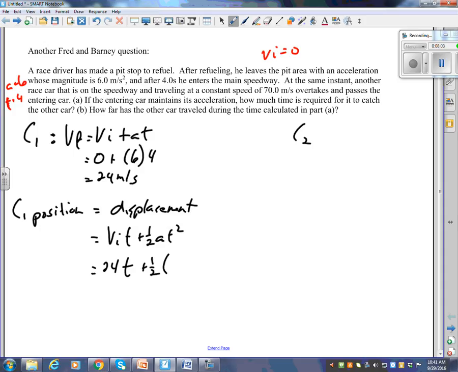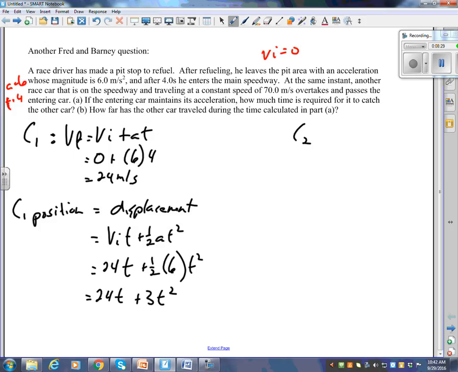What's car 1's acceleration? 6t squared. And we can simplify this down to 24t plus 3t squared. Car 1's position is expressed as 24t plus 3t squared.